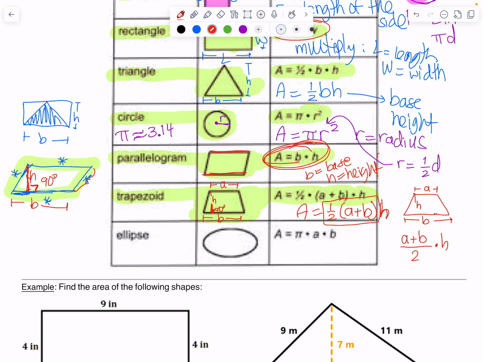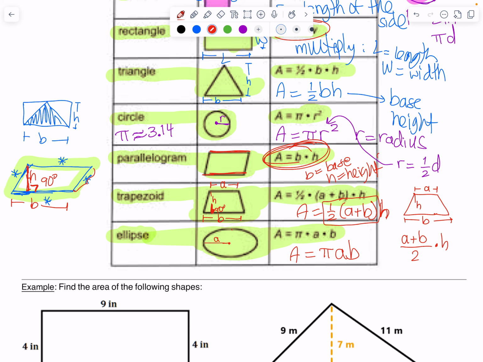And then the ellipse is sort of a similar thing. Ellipse is like an oval, basically. When we were kids, we called it an oval. Now we're all grown-ups and we call it an ellipse. It's just pi multiplied by a multiplied by b, but what are a and b? An ellipse doesn't have one radius, it has two radii. If I go from the center to the left side or the right side, horizontally, that's one number.